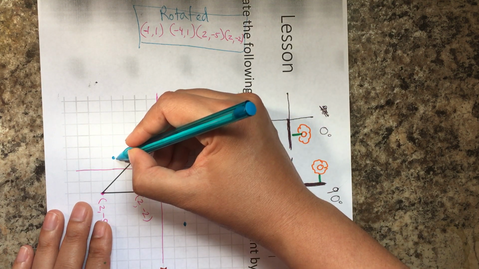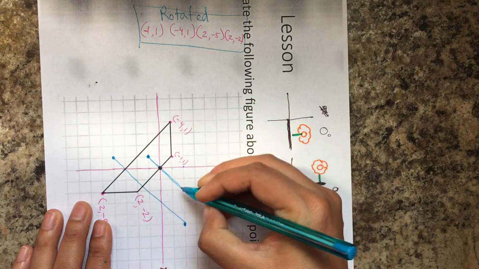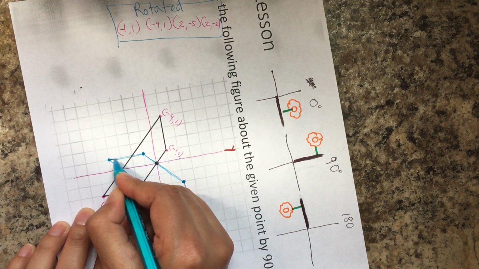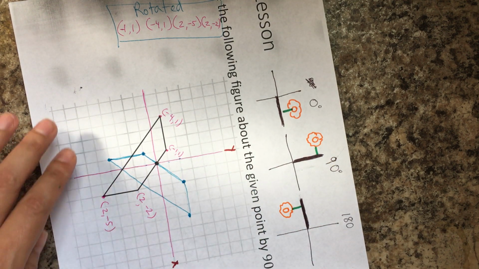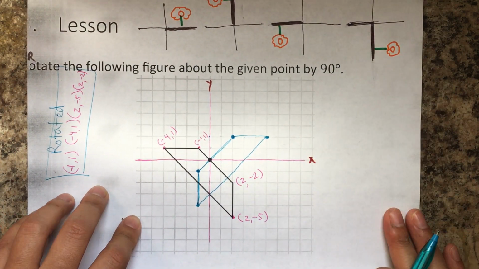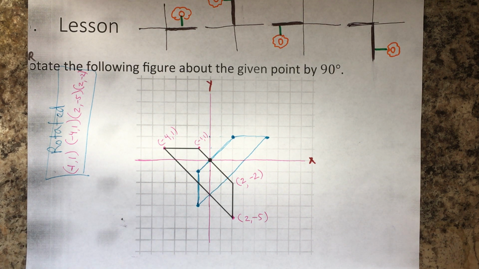Okay, let's see how good I can sketch this, more or less. So now I bring it back, and there it is. That's my figure, and it has been rotated by 90 degrees.